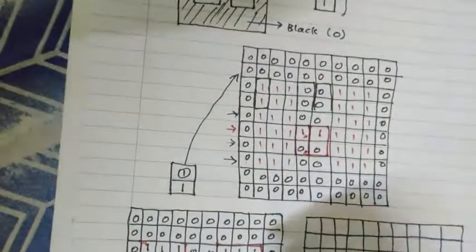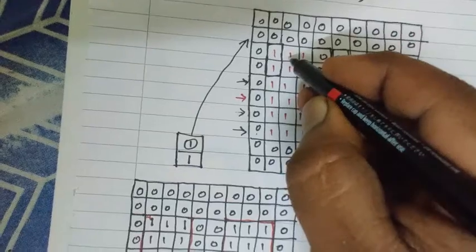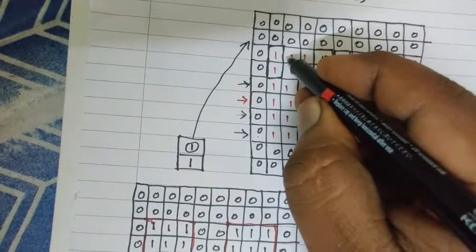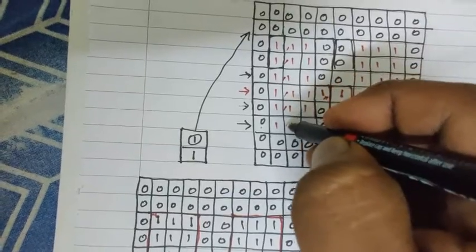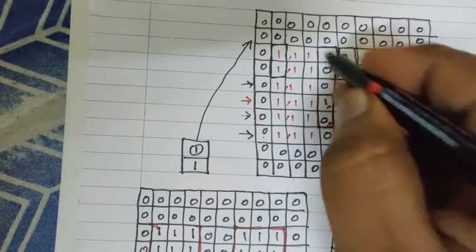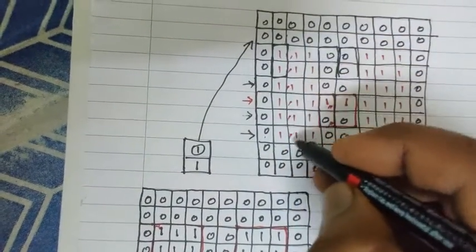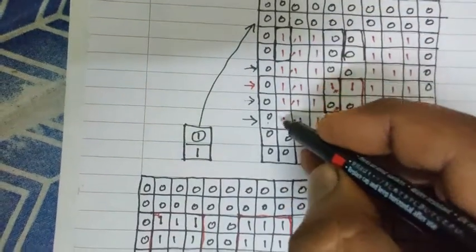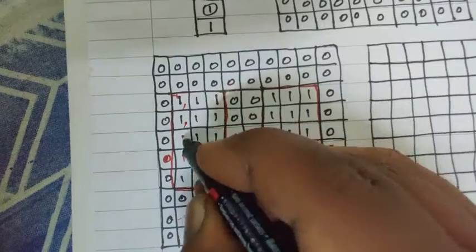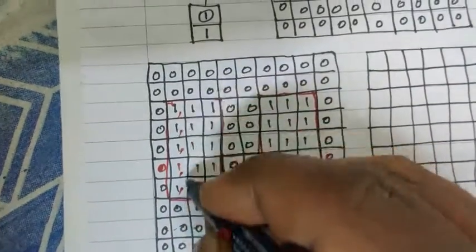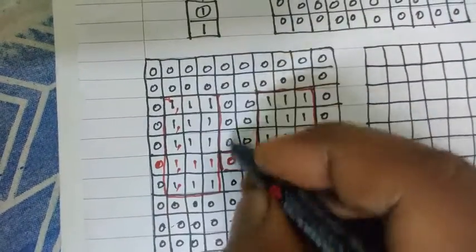The reason is, if you look at your question, how many rows do you have for one IC? It is 1, 2, 3, 4, 5, 6. 3 pixels in each column, so 18 pixels are representing your one IC. But over here if you see 1, 2, 3, 4, 5, 15 pixels are representing your one IC.